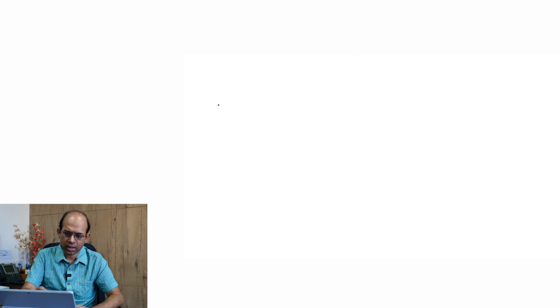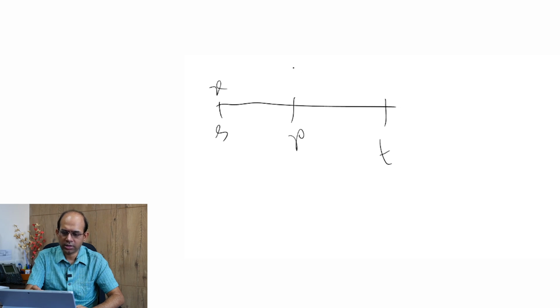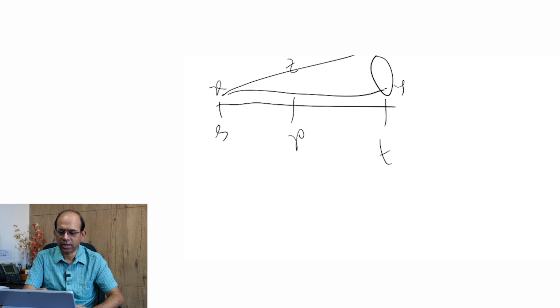So this is time s, this is time r, this is time t. Here the Markov chain is at x, here it is at some place z, and here it is some place y. We would like to understand the distribution of these given that at s it is x.